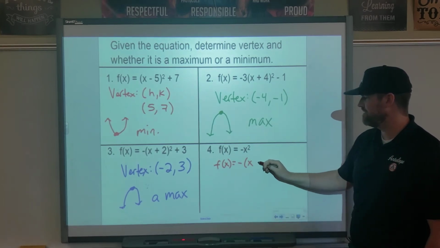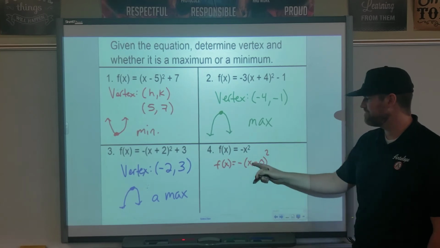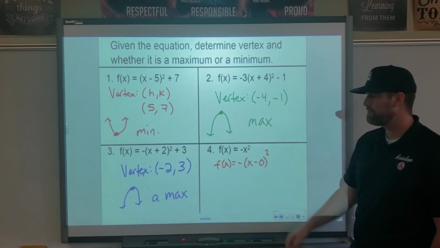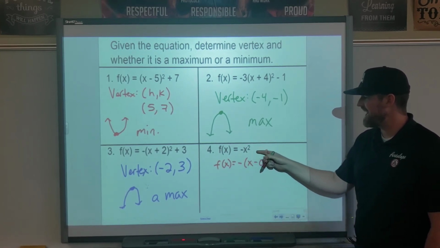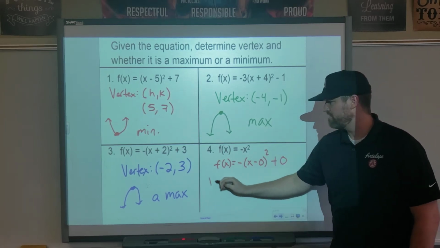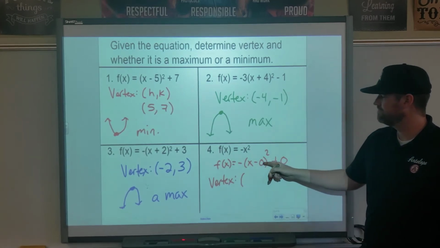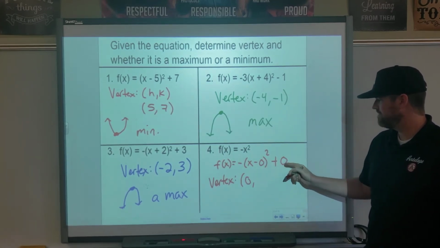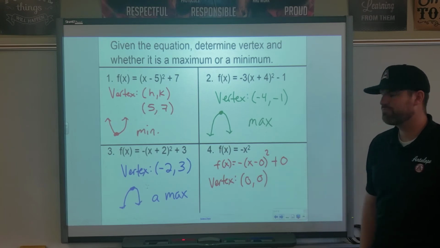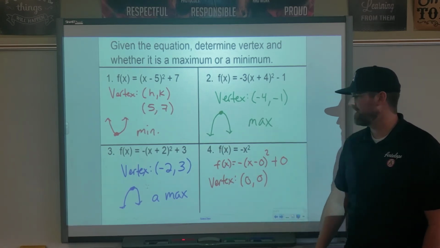Well, there's nothing there, so that's the same as x minus 0, right? x minus 0 is x squared. And since there's nothing getting added right here, I could say plus 0. So what's my vertex? Well, (0, 0). So this is one of those problems where when we graph it, our vertex is actually at the origin of the graph.